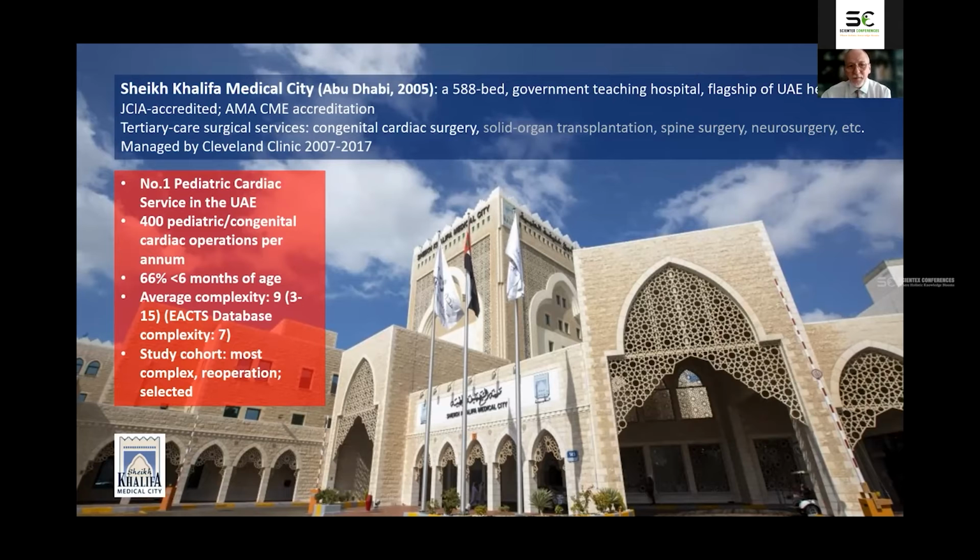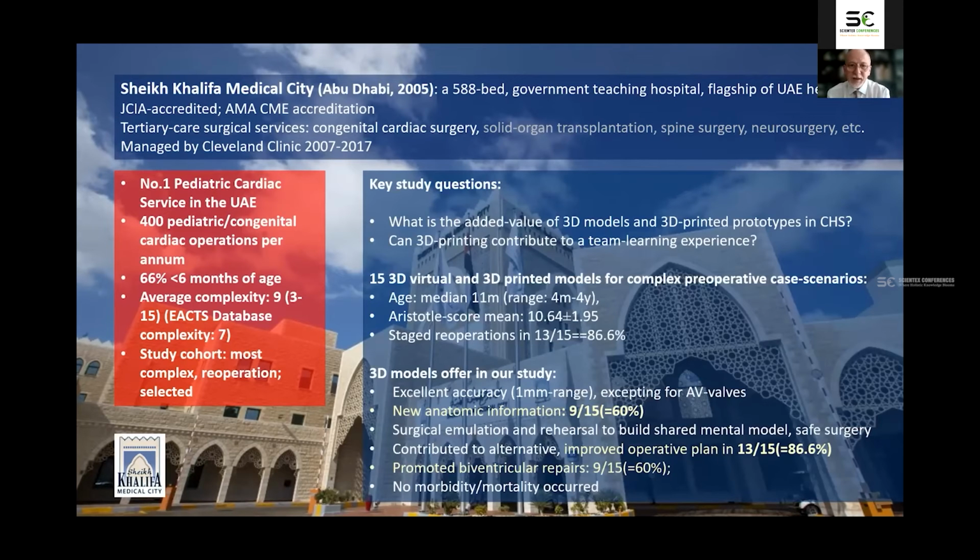So we looked at the key study questions: whether these models offer an added value for the service, and whether this 3D printing process translates into better team dynamics and building, let's say, a shared mental model about the patients and about the surgical procedure.